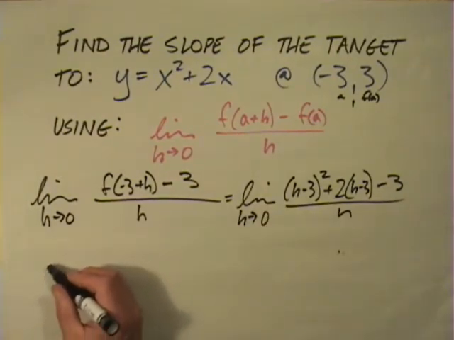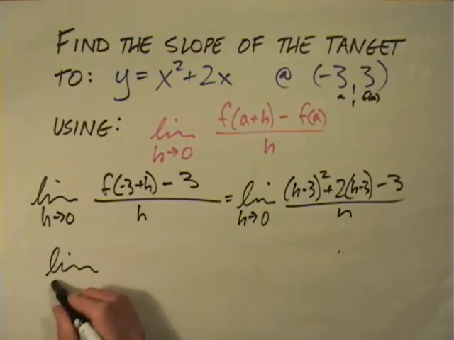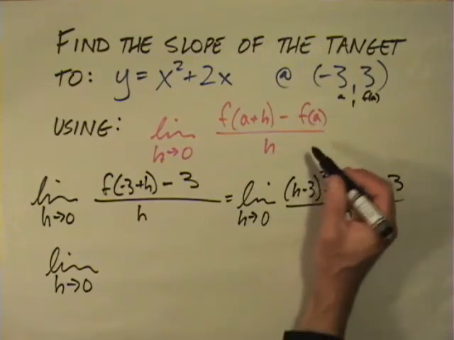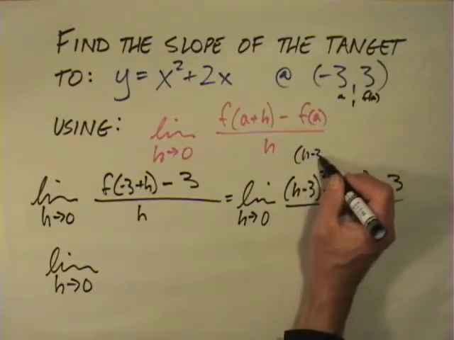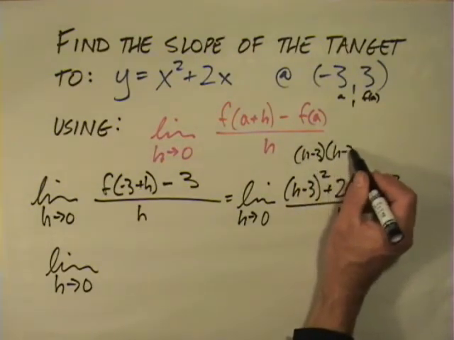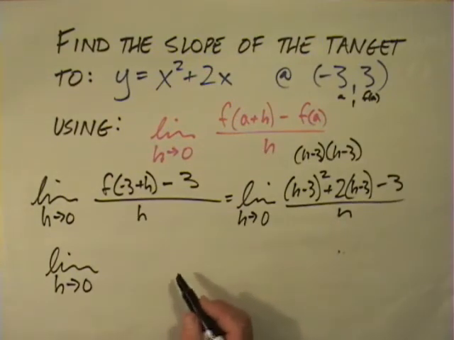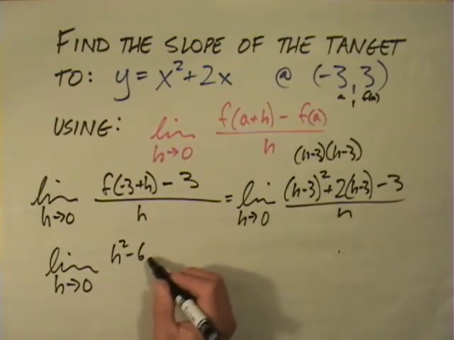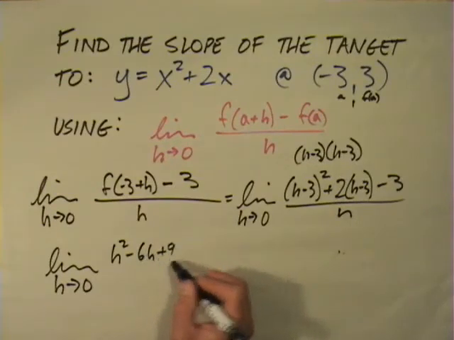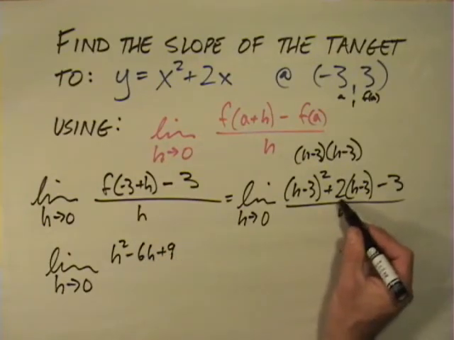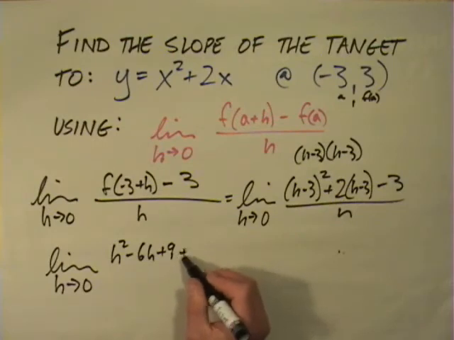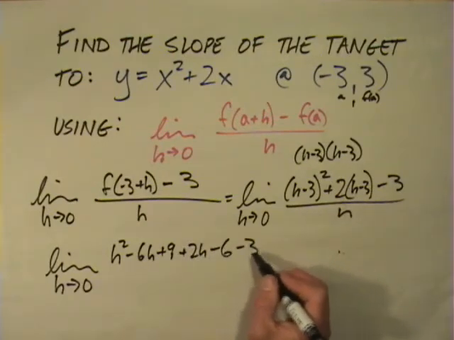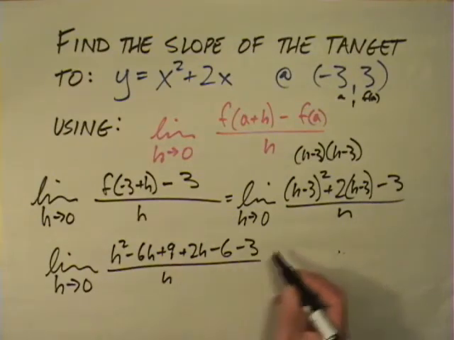Then this will become the limit as h approaches 0. Well, when I FOIL this, this is going to be h minus 3 times h minus 3. You guys should be pros at this. This becomes h squared minus, you can pause me and do this, but it'll be that, and then 2 times this will be plus 2h, then minus 6 minus 3, and this is all over h.